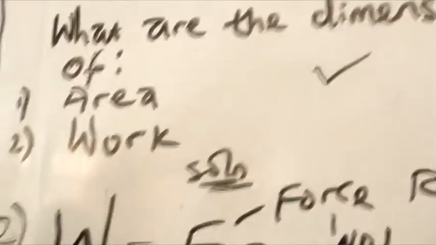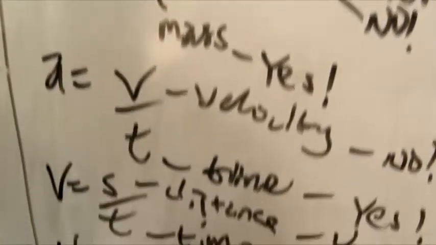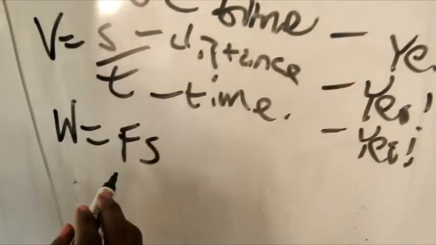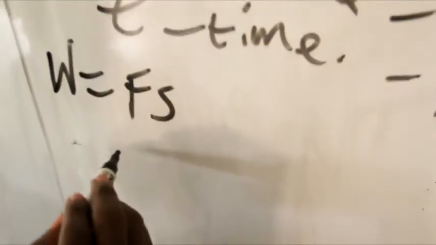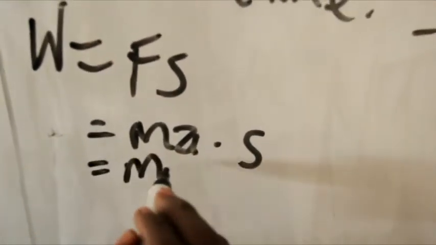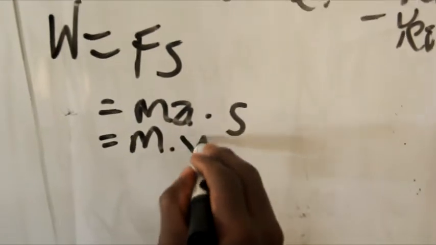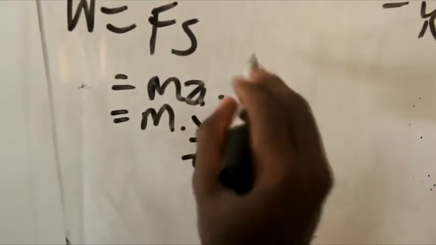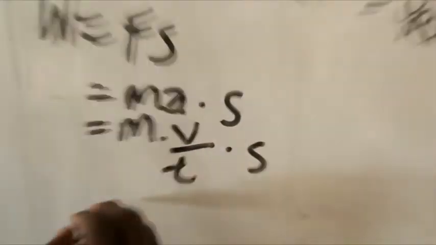So work is, remember, force times distance, and we say that force itself is mass times acceleration, so we'll still keep the distance. So we broke down acceleration further and said acceleration is velocity over time. So our distance is still there, our mass is still there.